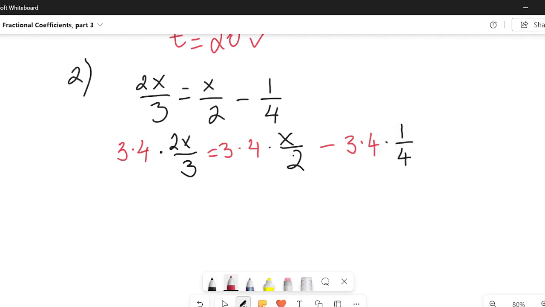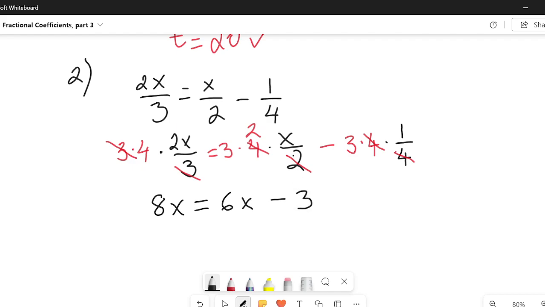Now 3 and 3 cancel out. 4 and 2: 4 divided by 2 is 2, and 4 and 4 cancel out. Now, 4 times 2x is 8x. 3 times 2 is 6x minus 3.